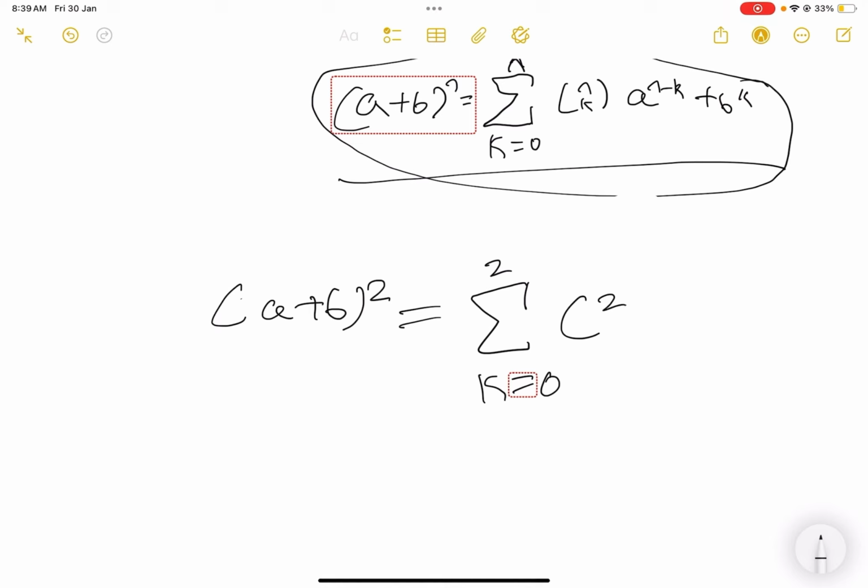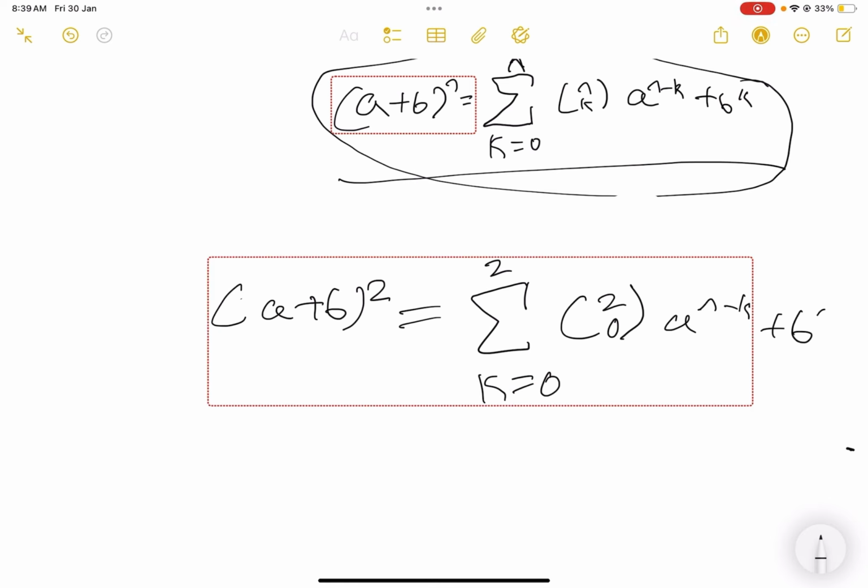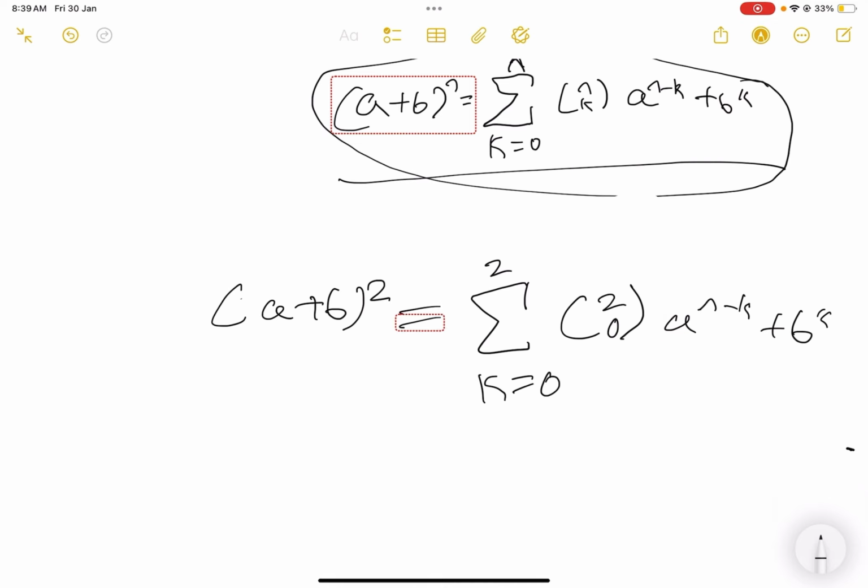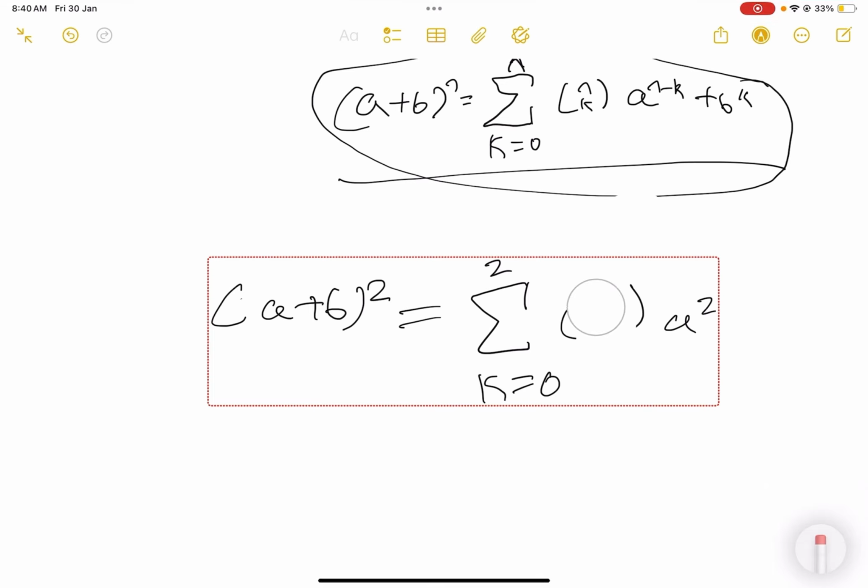For the first term, it's 2 choose 0, and a to the power of n minus k, plus b to the k. k is equal to 0, so we can just remove the b term, and a to the power of 2, because n minus k is equal to 2. So we can rewrite that as a squared.